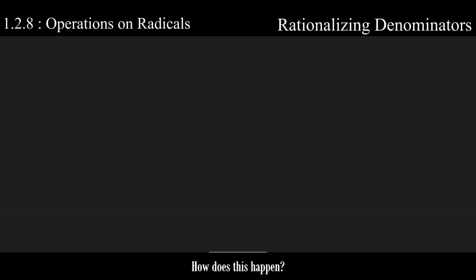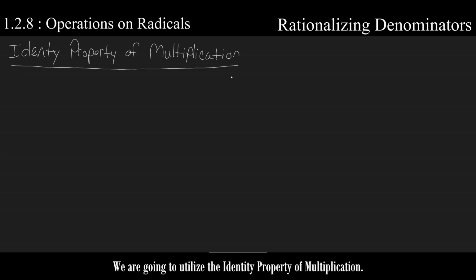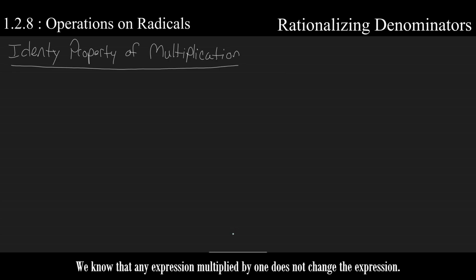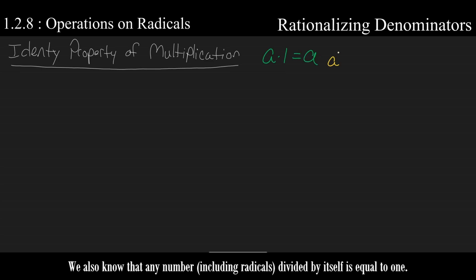How does this happen? We are going to utilize the identity property of multiplication. We know that any expression multiplied by 1 does not change the expression. We also know that any number, including radicals, divided by itself equals 1.